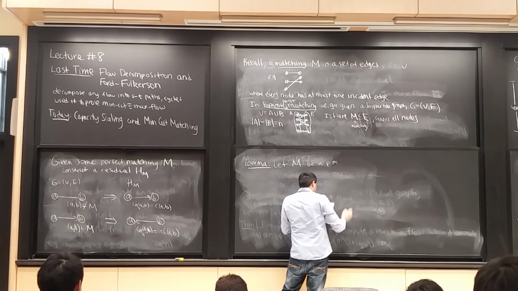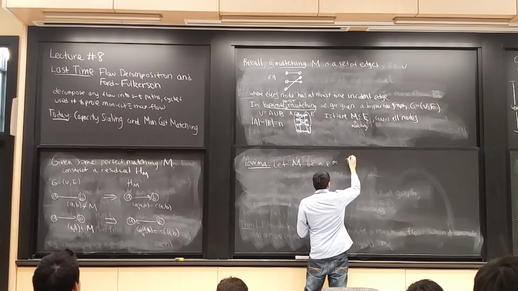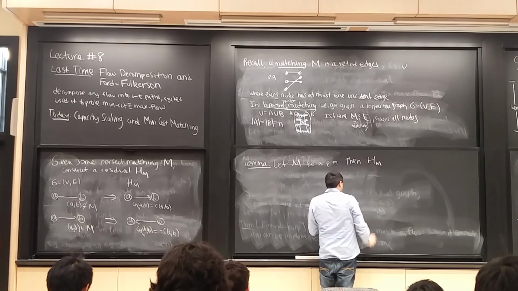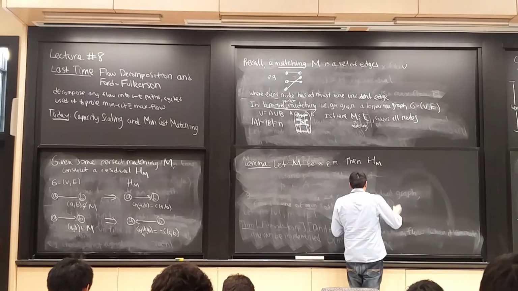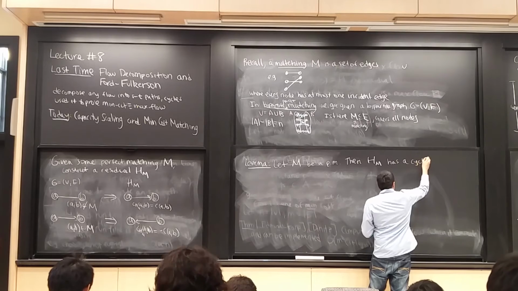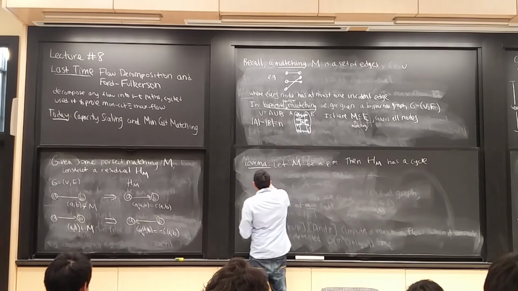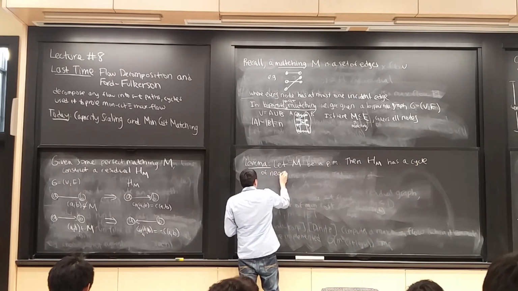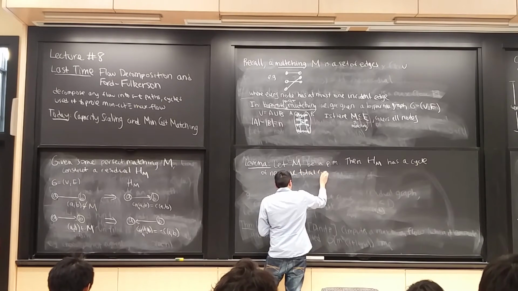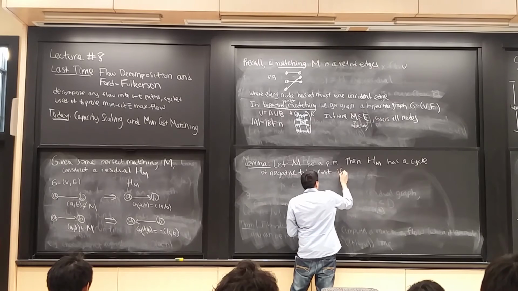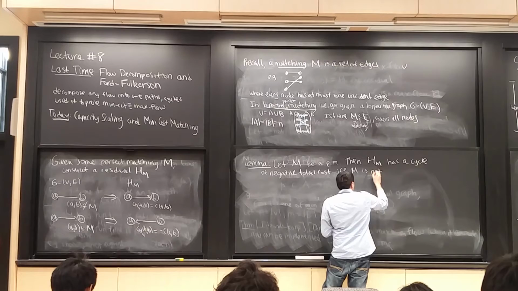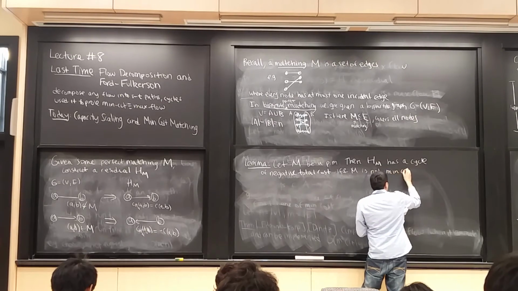Then what I claim is that this residual graph, H sub M, that we just talked about how to construct, has a cycle of negative total cost if and only if M is not the min cost perfect matching.